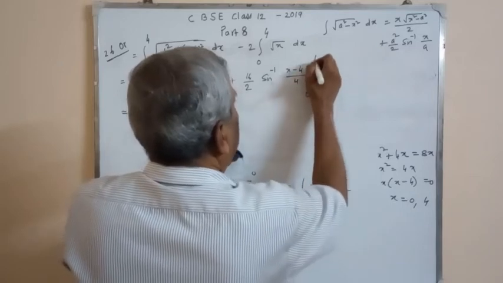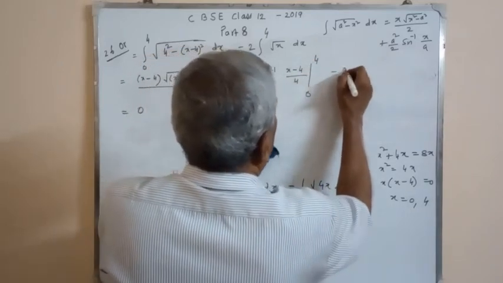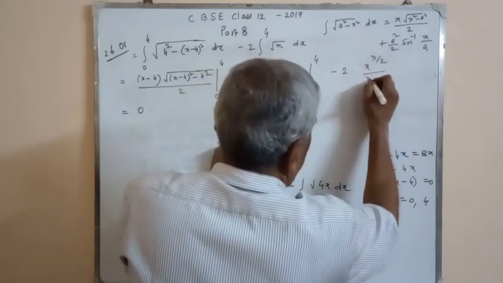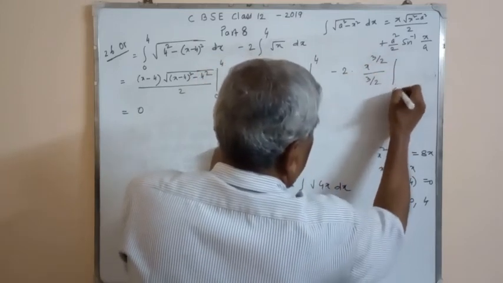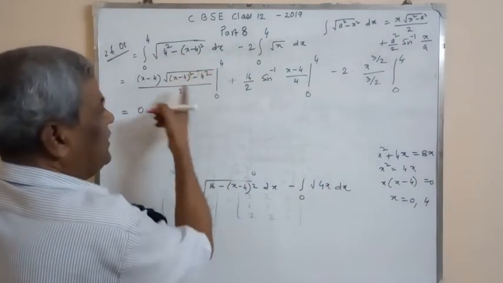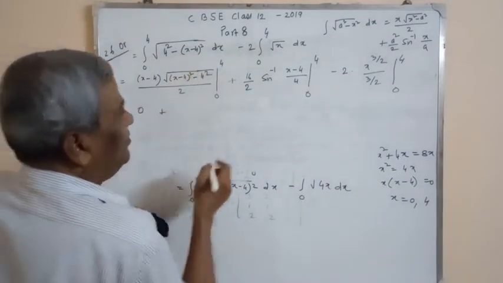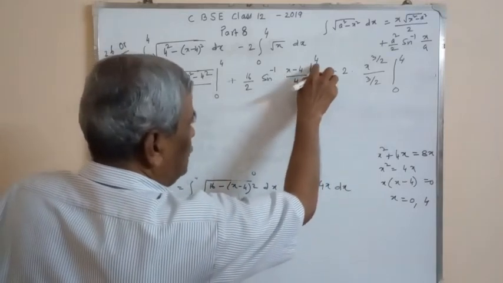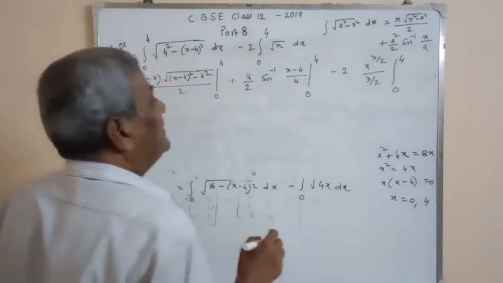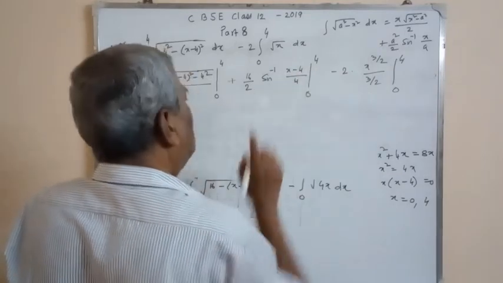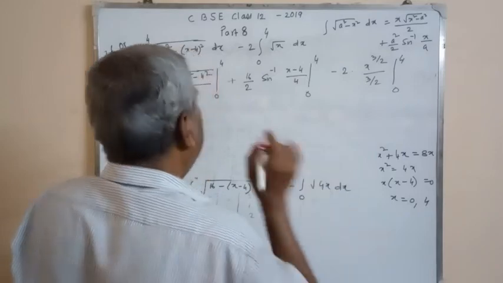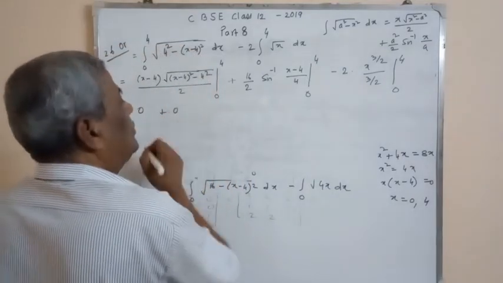from 0 to 4 again, minus 2 into x to the power 3 by 2 by 3 by 2, limit from 0 to 4. So this part is 0, that part is 0, plus, when I put x is equal to 0, this becomes sine inverse 0, which is 0.